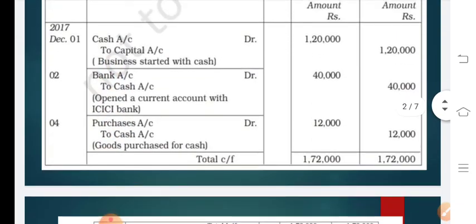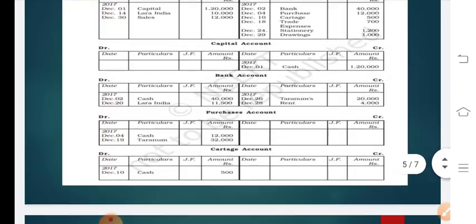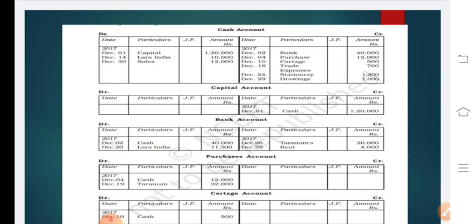Moving towards the second journal entry, we have bank account debit to cash account. Here you can see that cash is going out and hence it is being credited. So we'll go to the credit side of cash and write "By bank account", as I already told you that if cash is debited, we'll write at the debit side, and if it is credited, we'll write at the credit side.